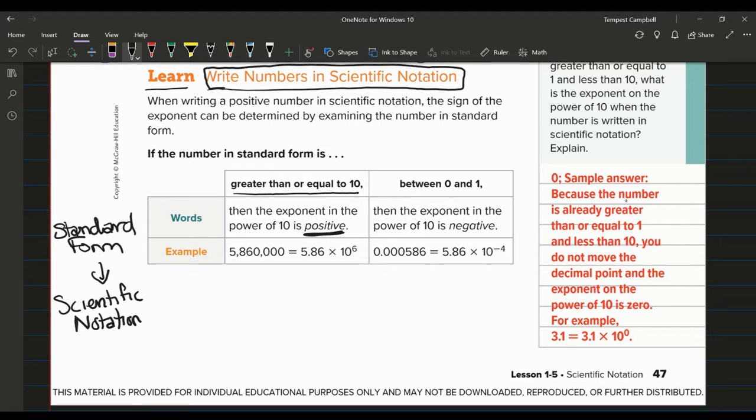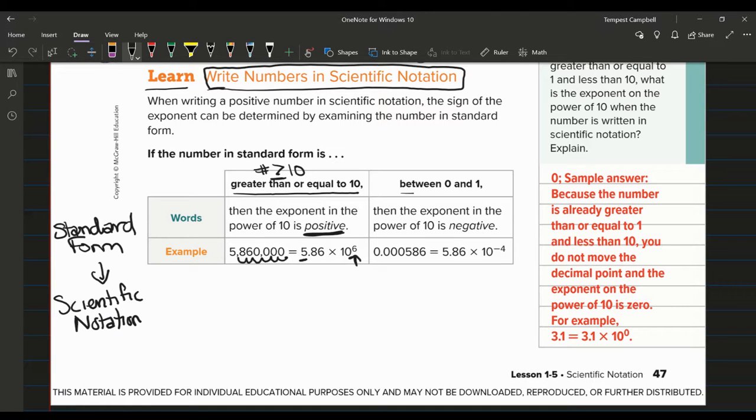So for example, if we have this number here, we're taking the decimal and going 1, 2, 3, 4, 5, 6 places this way to make the number 5.86, because remember our factor has to be less than 10. And then we're going to multiply by 10 to the power of 6 because 6 is the number of place values that we moved.